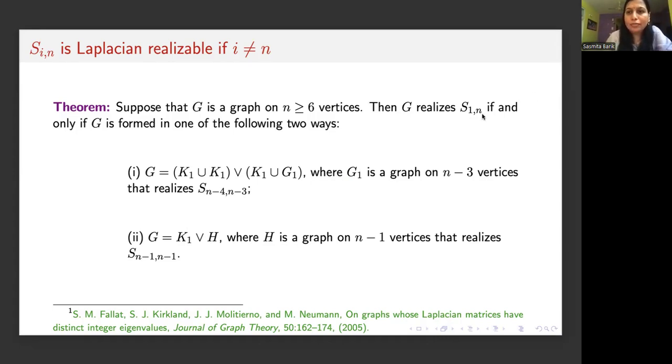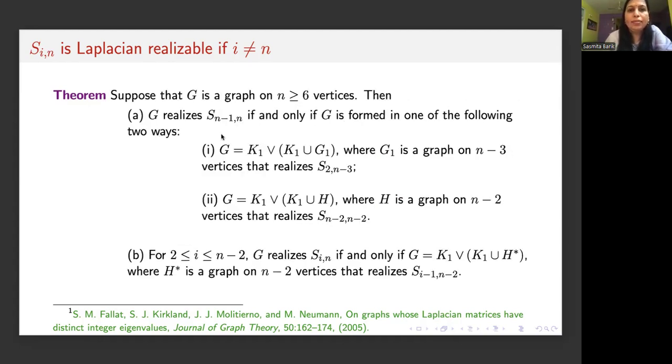This is for S1n. And for the other ones, if you consider S n minus 1 n, so basically n minus 1 is missing, then G will realize S n minus 1 n if and only if G can be formed in one of the following two ways. G will look like K1 join K1 union G1, where G1 is again a graph on n minus 3 vertices, and it realizes the spectrum where 2 is missing.